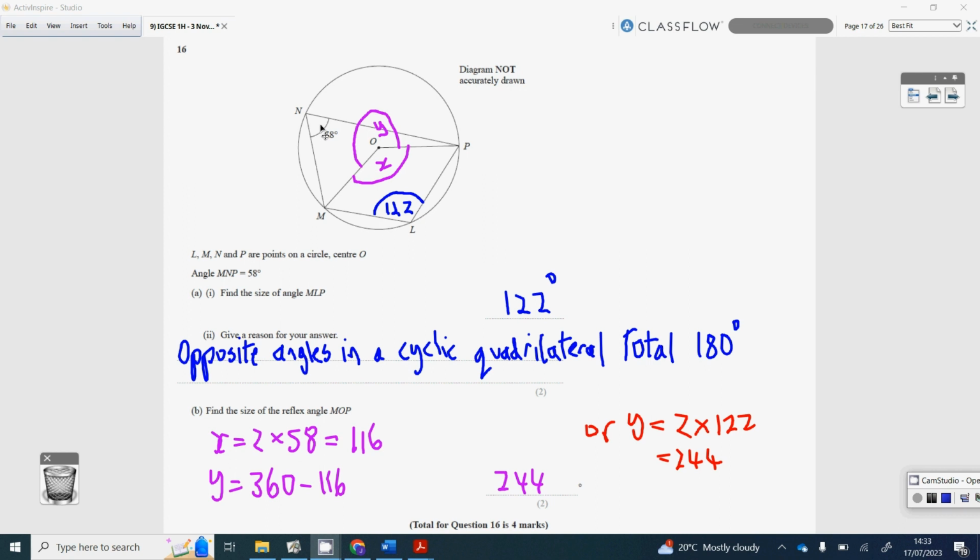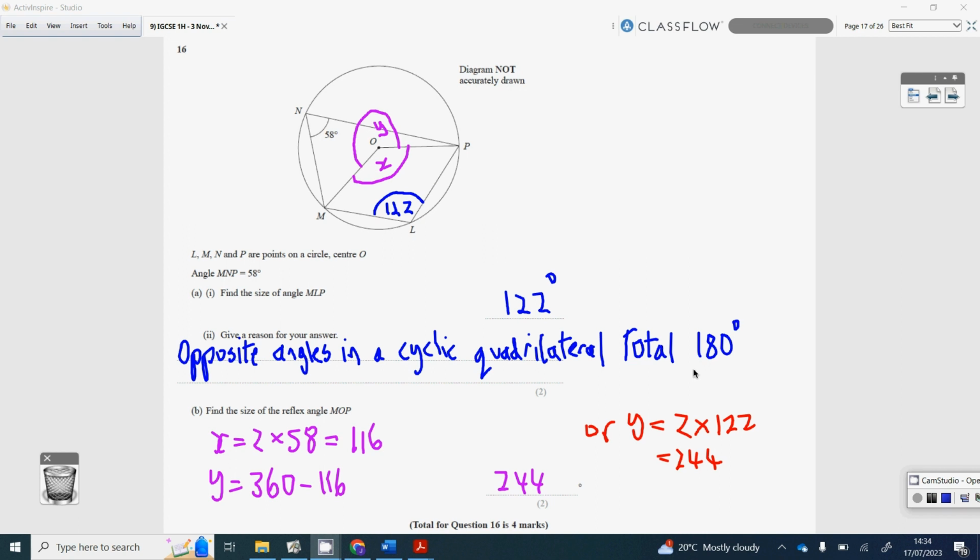So this angle at N, 58, added to this angle at L will add up to 180. So this angle here is going to be 180, take away 58, which is 122. And the reason for that is opposite angles in a cyclic quadrilateral add up to 180 degrees.